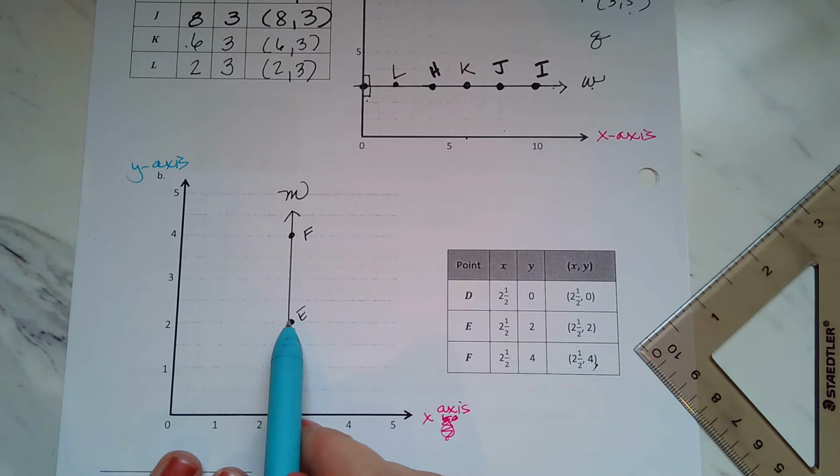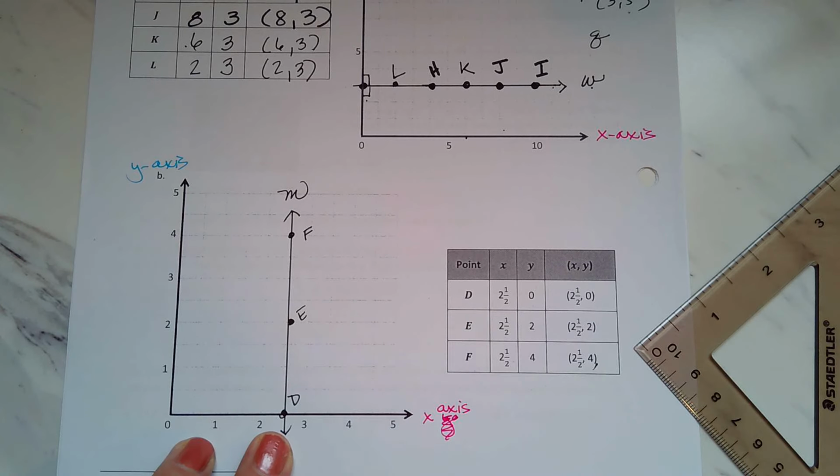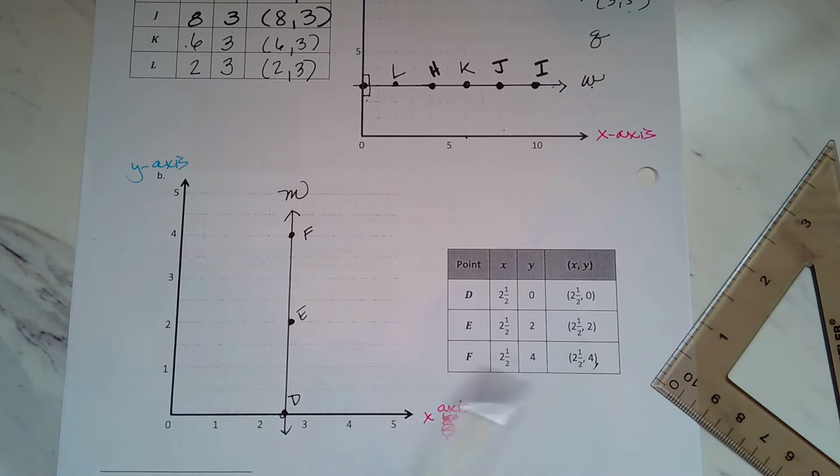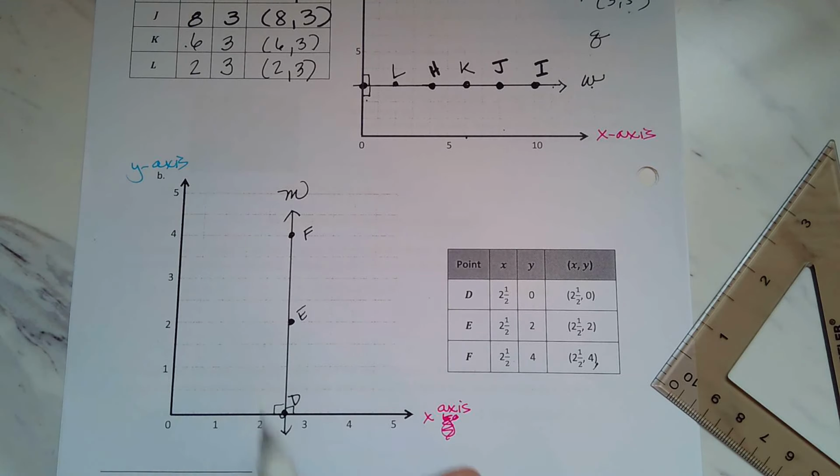So now this line is parallel to this axis. And when they connect, they form what? Perpendicular lines, right? So I have one perpendicular line and I have two 90-degree angles, correct?